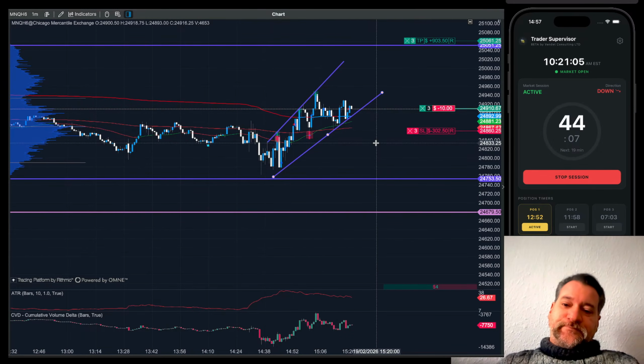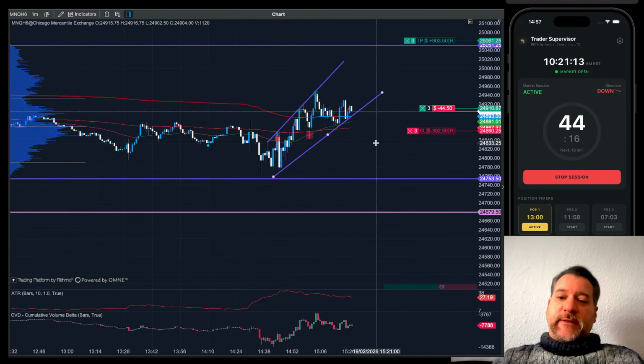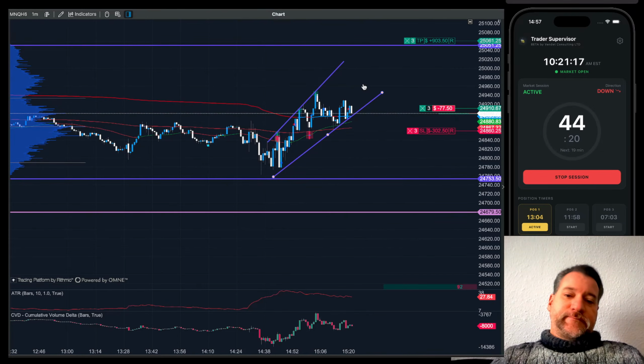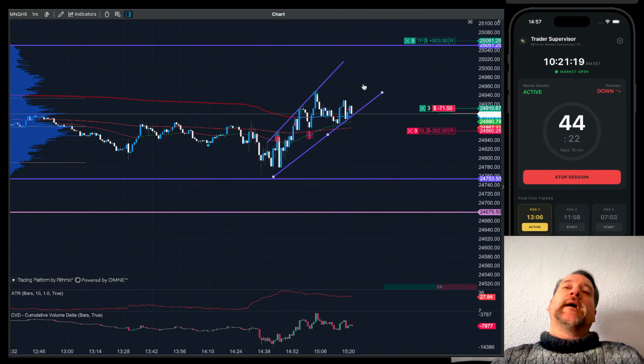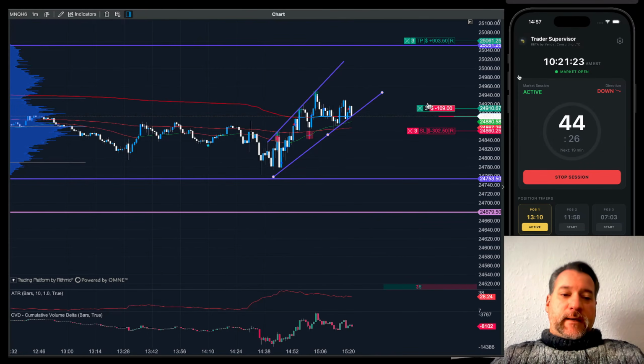So I think for me it's time for lunch, and I'm going to leave this. I think I'm going to close this trade. I don't see it coming back up to make even a higher high. But that's it for today.